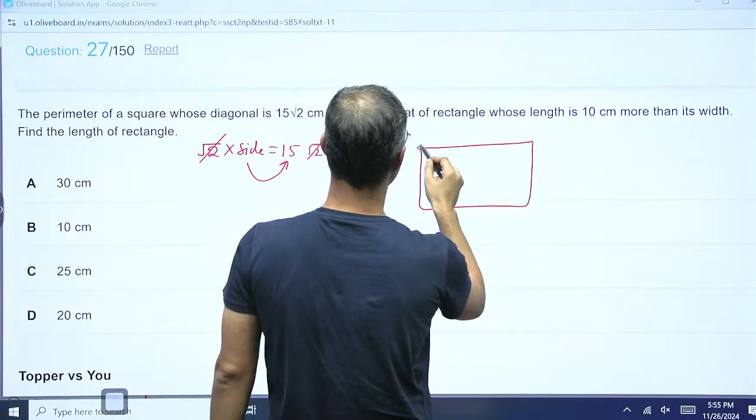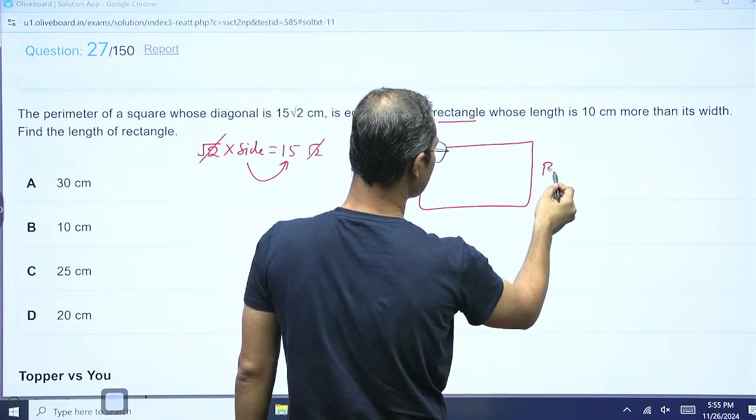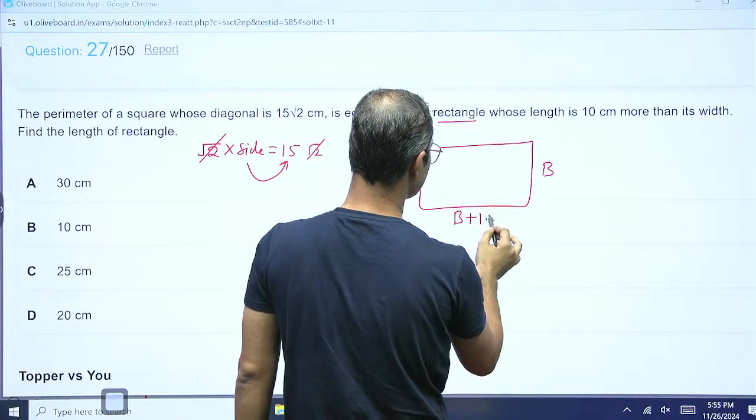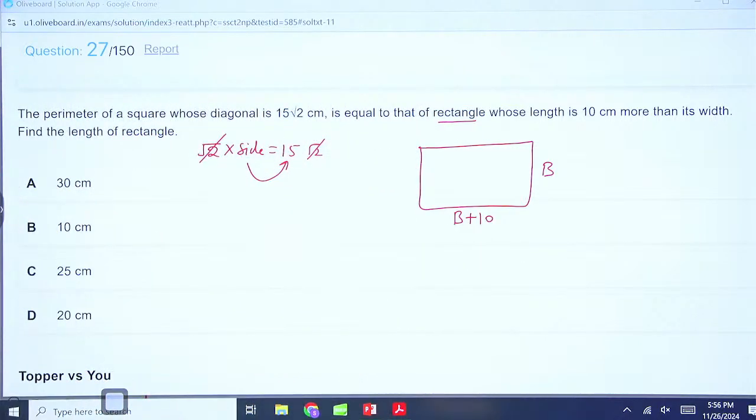See, the question is saying rectangle whose length is 10 centimeter more than its breadth. If breadth is b, so the length is breadth plus 10, right? So the perimeter of the square, so what is the perimeter?